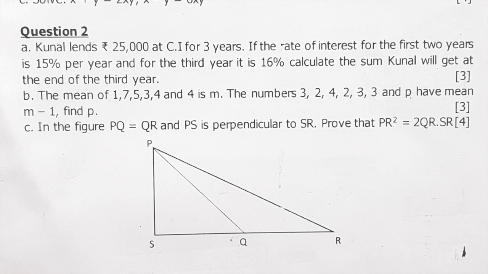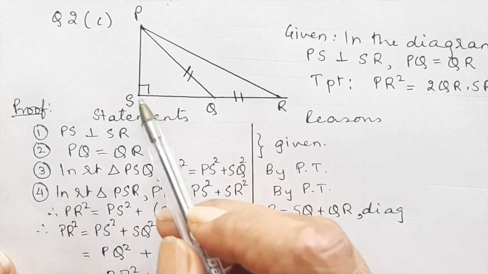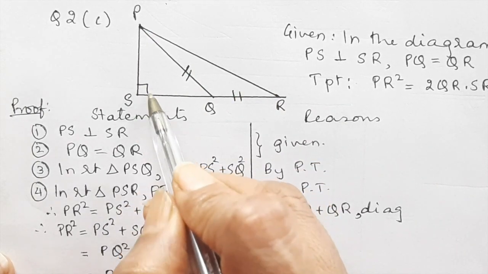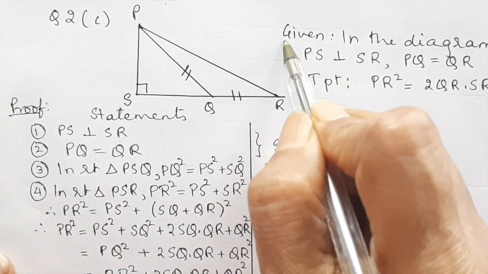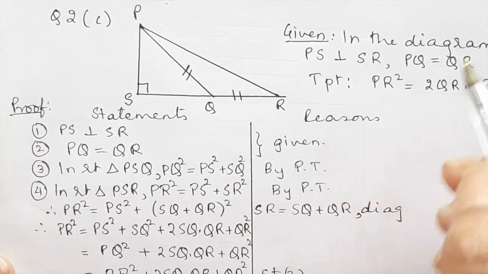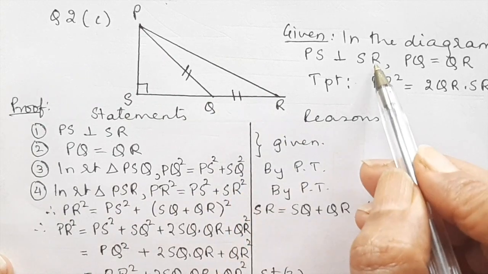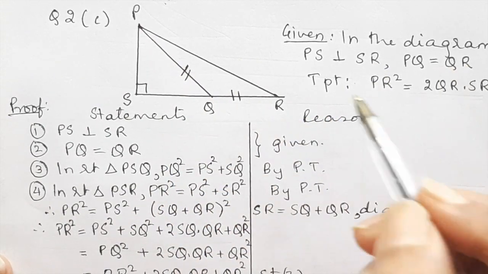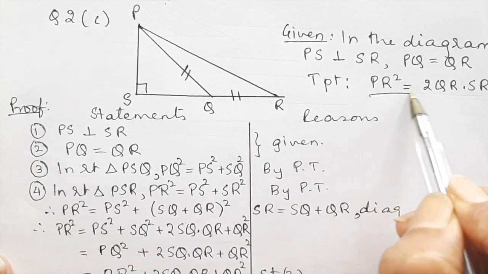So let's see how we write it. In the diagram, we have marked PQ equal to QR and we have shown this 90 degrees. We write what is given. In the diagram, PS is perpendicular to SR and PQ and QR, they are equal. And we have to prove and we write this.